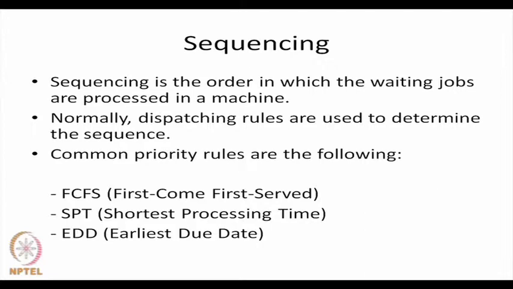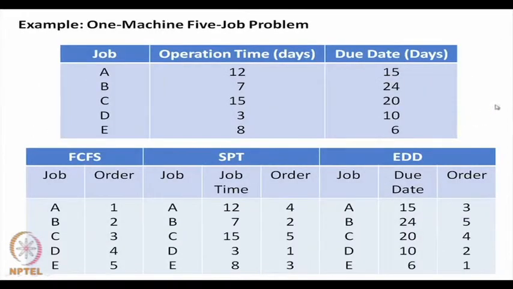There are many more other priority rules, but these 3 are the most common, and we are going to discuss these 3 priority rules. Let us take a very simple problem of one machine and 5 jobs.